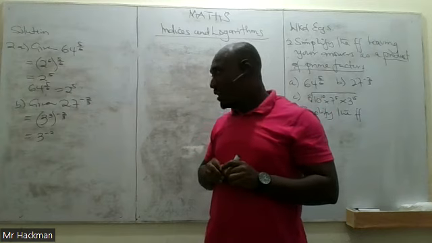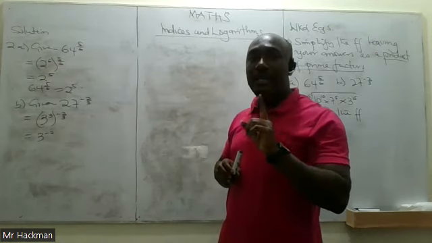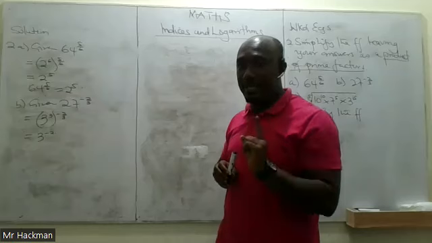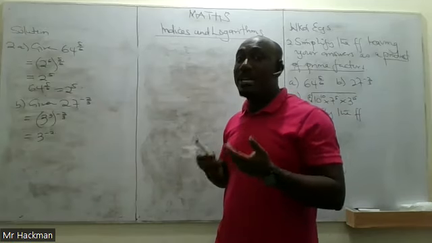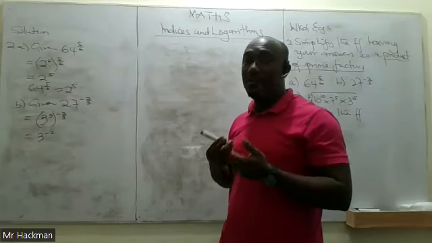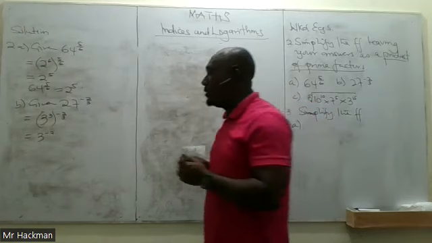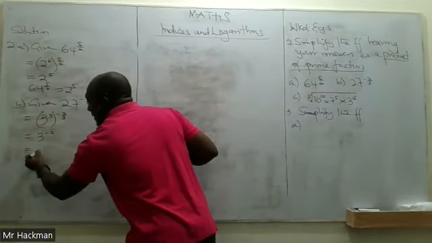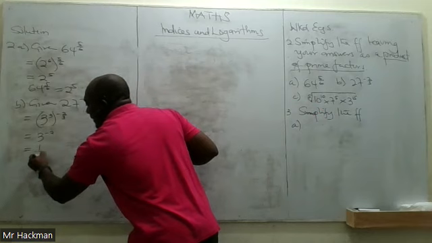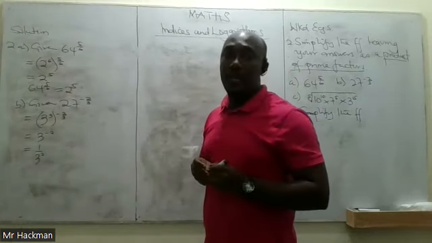Okay, so I'm going to write this. If there is any contention, because I want to encourage thinking and reasoning, that's why I'm going to write this one as 1 over 3 squared.